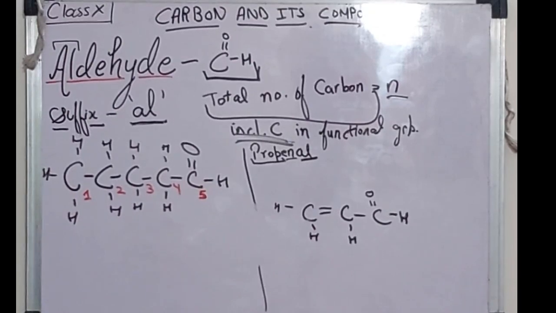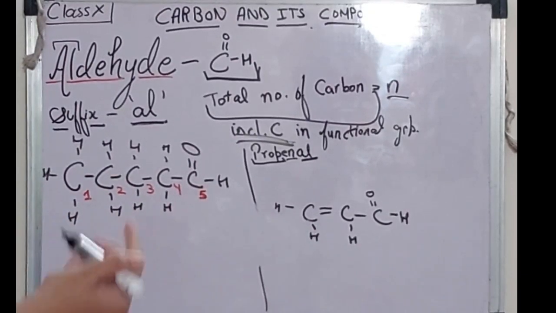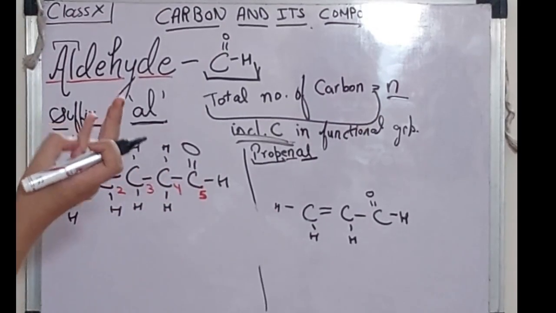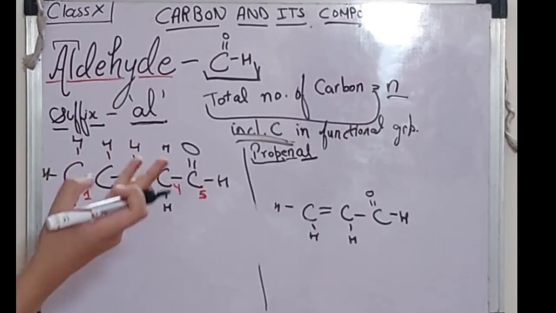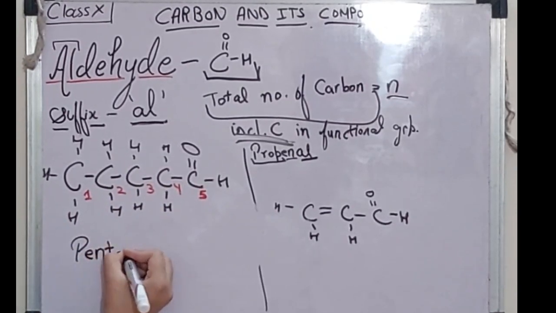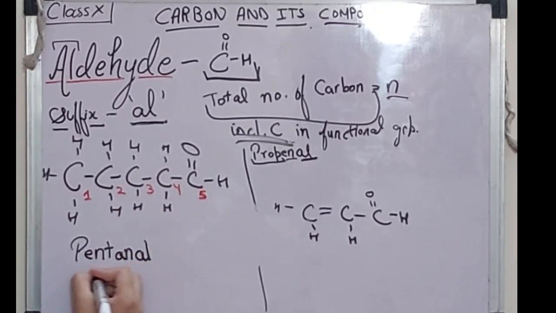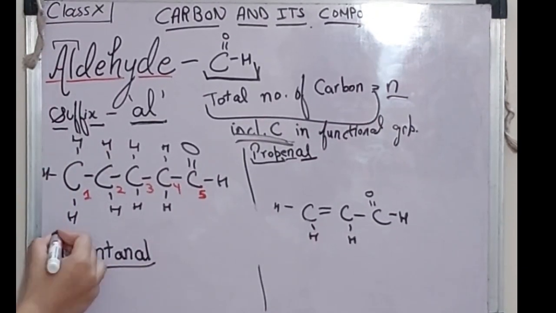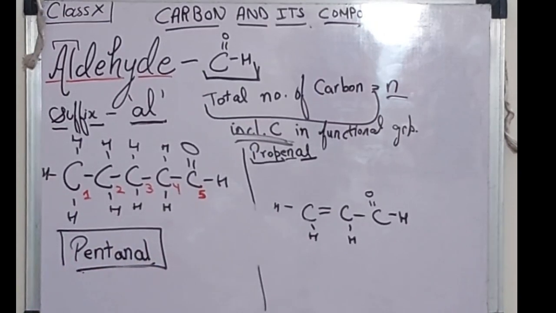Aldehyde का, right? So I will write 1, 2, 3, 4, 5. Meth, eth, prop, but, pent. Pent, single bond है तो an, and Al for the aldehyde suffix. So pentanal is the answer.